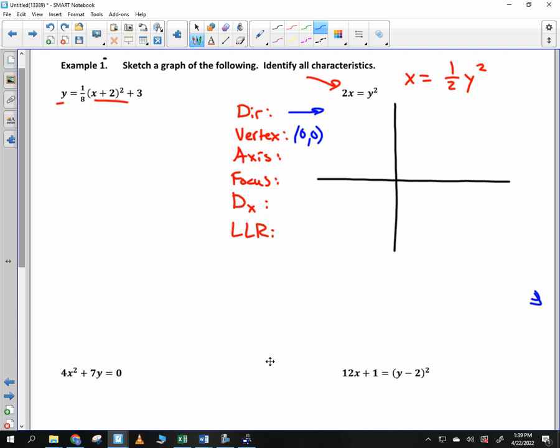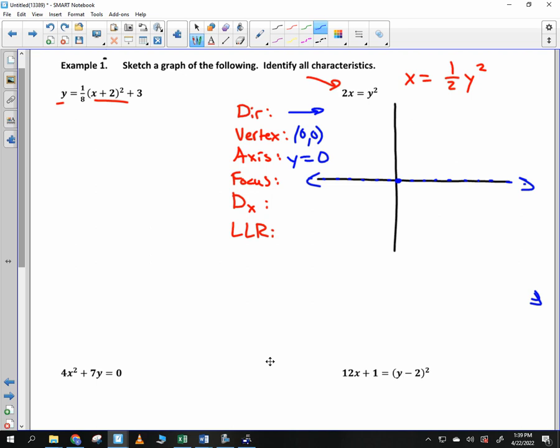There's no horizontal shift and there's no vertical shift. Okay. All right. So I plot that vertex. It's right here. Axis of symmetry. Which direction is the axis of symmetry? Goes the direction of opening. So I'm going to draw that and then I will name it. What is the name of a horizontal line that passes through (0, 0)? y equals 0. Look at that.